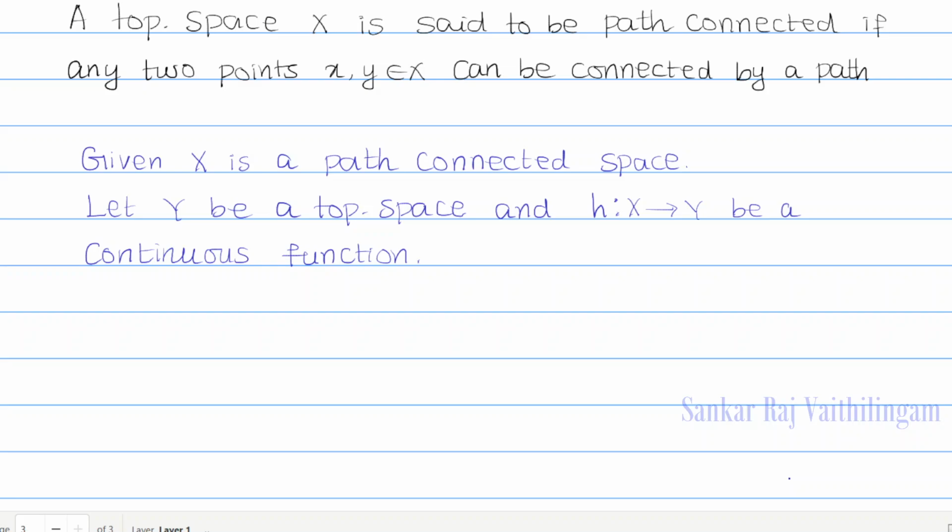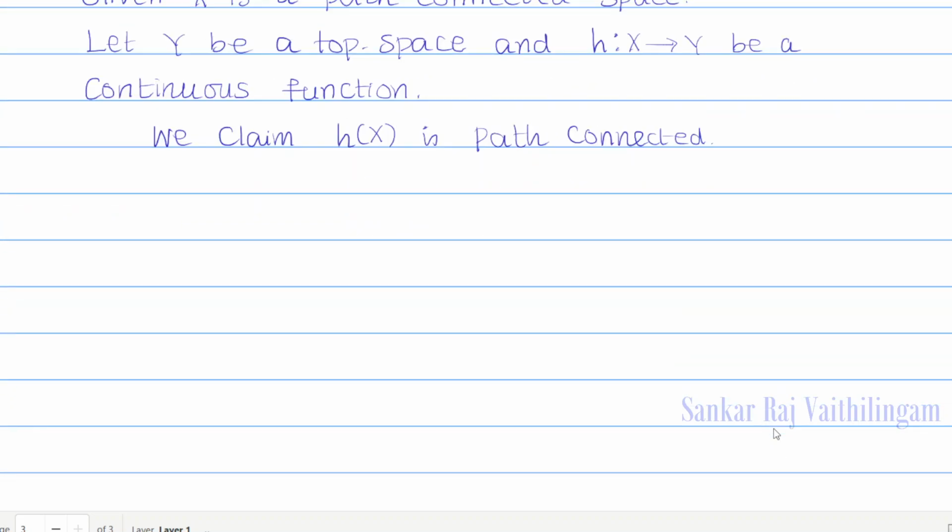Now we claim that h of capital X is path connected. This is the theorem we are going to prove today.